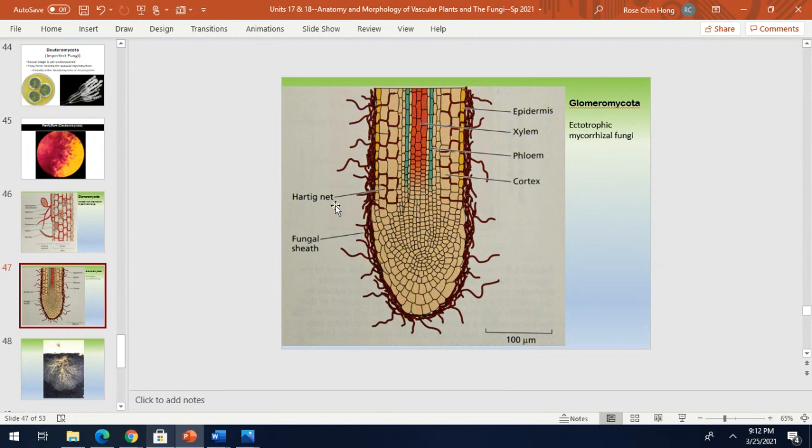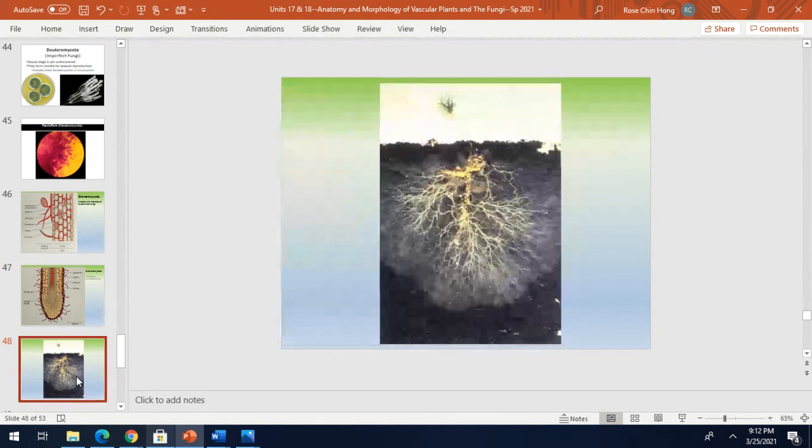And this is called a Hartig net. So it causes a net-like dispersal in between the cells of the roots of the plant. It's the same way, a symbiotic relationship, so both can benefit from each other. And of course, there are other fungi which are parasitic, but not in this case with the glomeromycota.